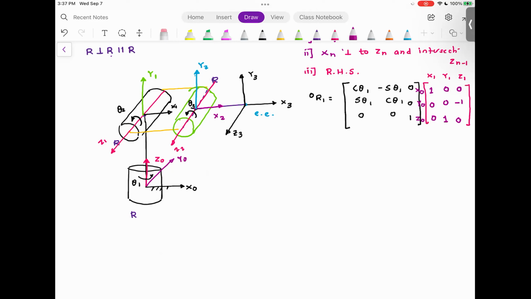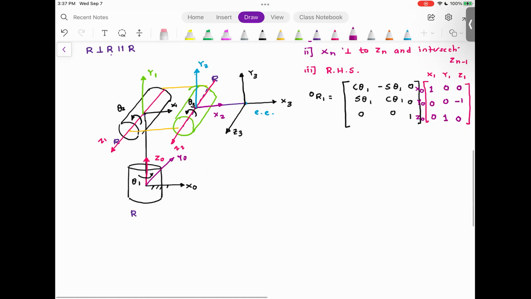Which means my final rotation transformation, please note, this is the correct rotation transformation, okay? Because the rotation transformation should have the information about the axis rotation. Also, it should relate the transformation between the axes. So my rotation transformation, first row, first column, cosine theta 1, and so on.